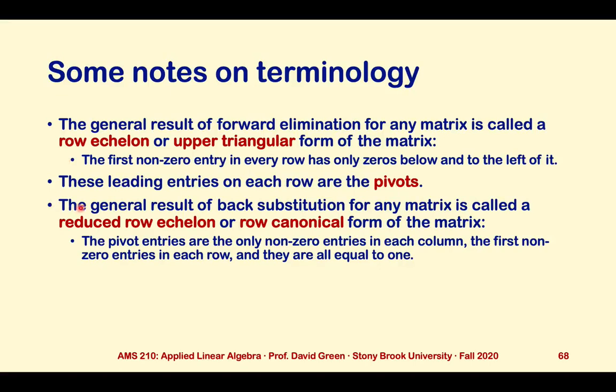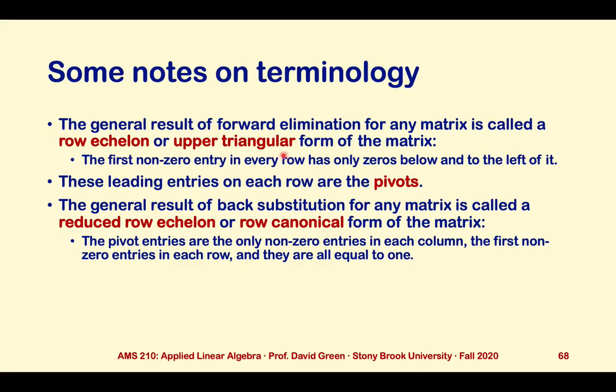After back substitution, the general result is called a reduced row echelon form or a row canonical form of the matrix. In the reduced row echelon form, the pivot entries are the only non-zeros in each column.